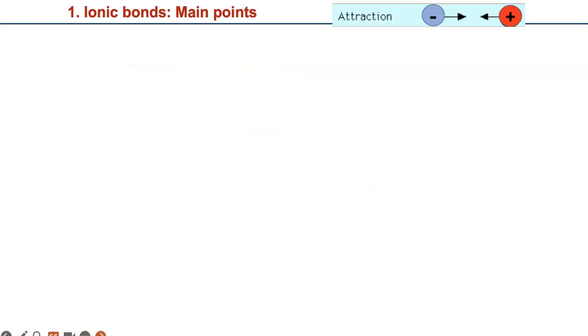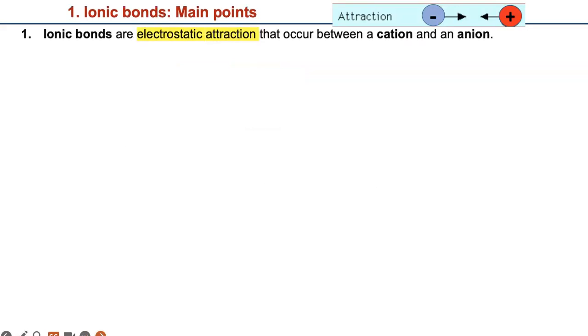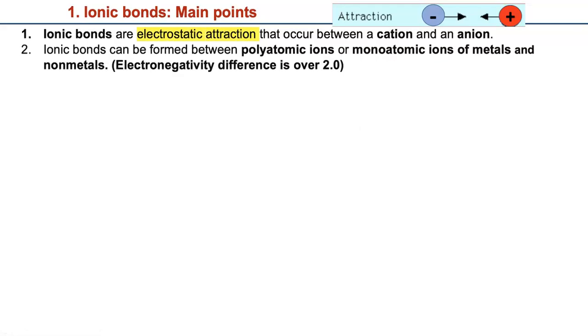So, main points. Ionic compounds are an electrostatic attraction, like I've shown over here, between an anion and a cation. Electrostatic attractions can occur between polyatomic ions or monoatomic ions.